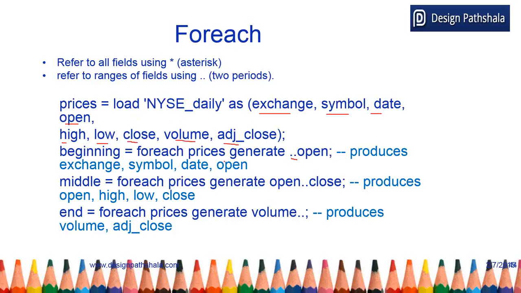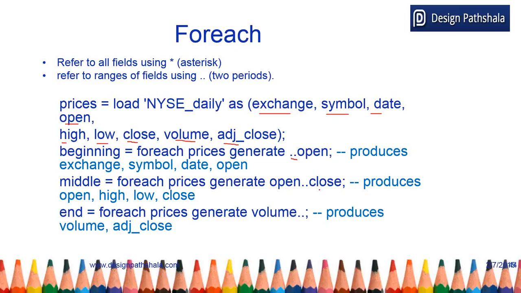If I say for each generate dot open, only the columns prior to open will be assigned to the beginning variable. That means exchange, symbol, date and open will be assigned to your beginning variable.